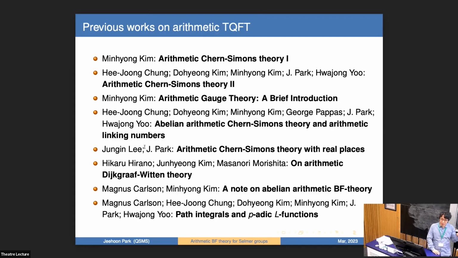Without this physical structure, like the QFT structure, people wouldn't be able to consider partition functions associated to BF, for example to the Cassels-Tate pairing. And I also computed the entanglement entropy in this case of arithmetic BF theory.